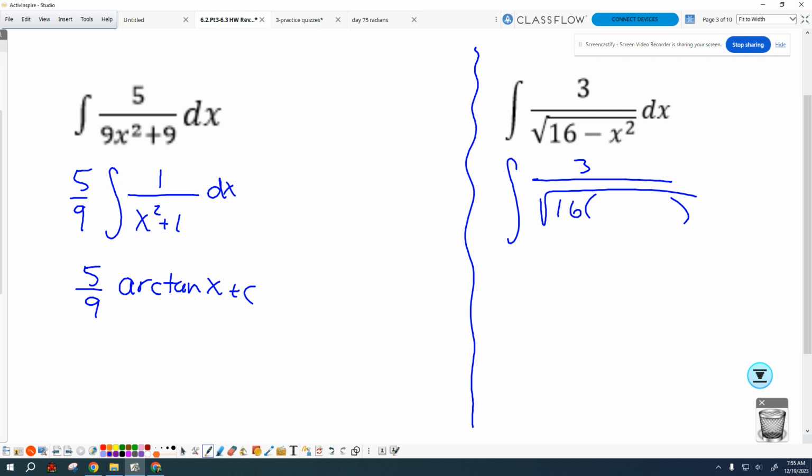If I factor 16 out of both of those terms, this is a 1. What happens to the second term? 1/16 times x squared. X squared over 16 is what thing squared? X over 4.